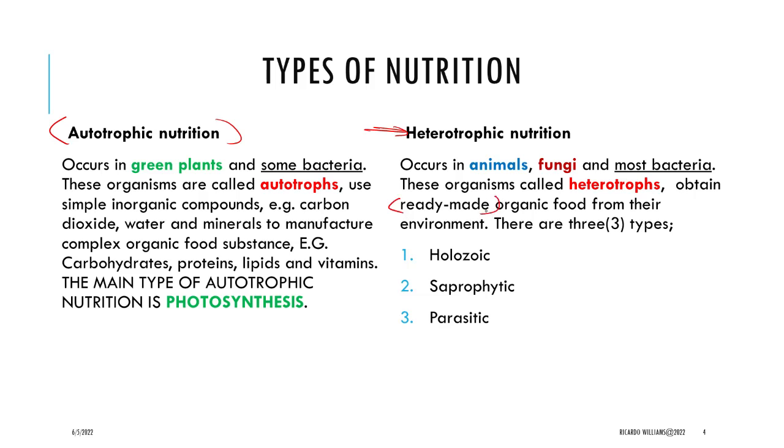Organisms that obtain their nourishment and energy from ready-made organic food, we call those heterotrophs. So heterotrophs include most, if not all, animals, fungi, and most bacteria. They obtain ready-made organic food from their environment. Now they do this in three ways. You have the holozoic way, the saprophytic way, and the parasitic way.